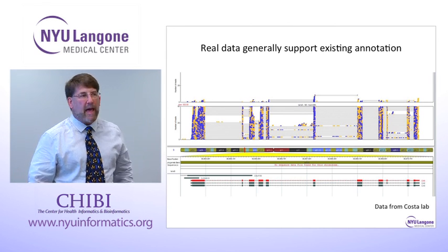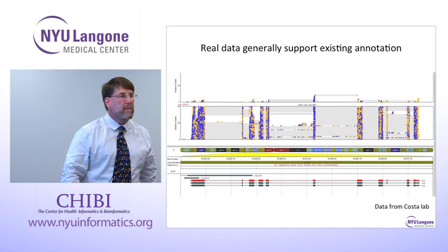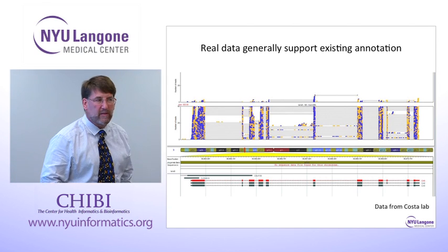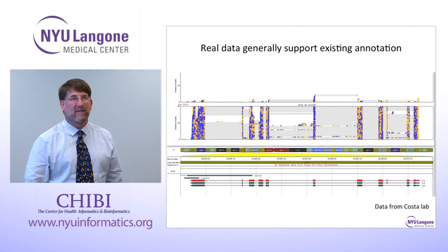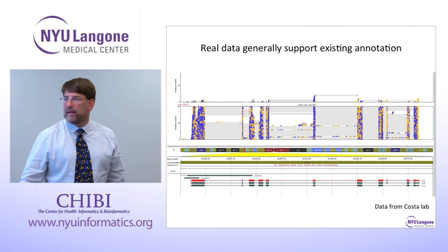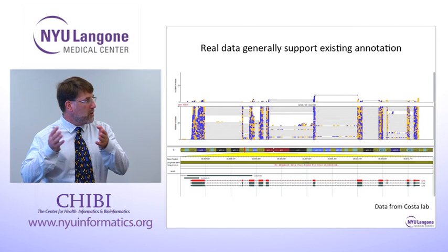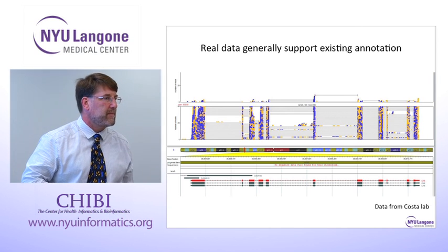Pretty simple. And this was proposed as a method called RPKM from the Wold lab at Caltech in one of the very first papers on RNA-seq. And I forgot the reference here, sorry. It's Mortazavi. And it's called RPKM, reads per KB of transcript per million reads in your sample file.